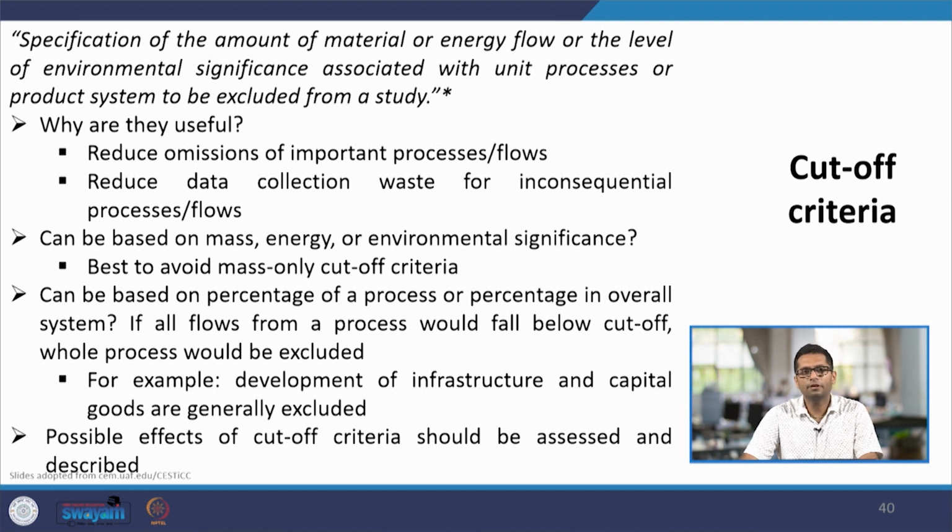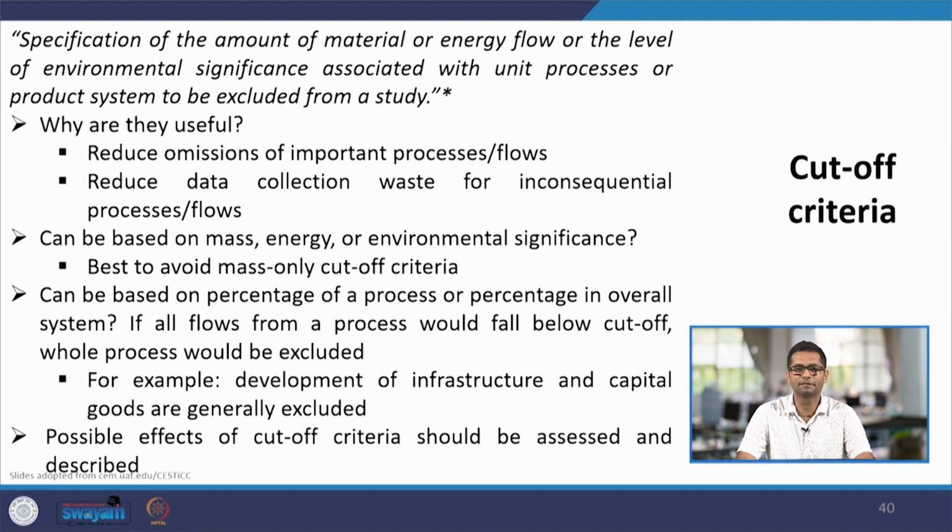Further, this cutoff criteria could be based on either mass or energy or environmental significance, and this is something that needs to be understood. Normally, preference should be given to the environmental significance whenever we are deciding a cutoff criteria, because if we are going by a mass or energy based cutoff criteria, it might happen that a particular emission for a particular element or a compound might be very small, but its total effect could be very large.